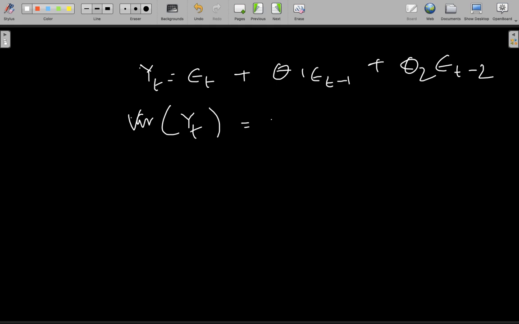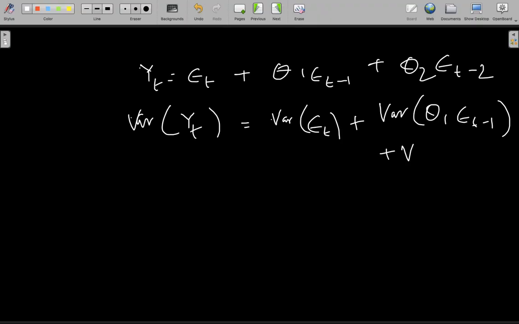So what will be left is basically variance of epsilon_t plus variance of theta_1 epsilon_{t-1} plus variance of theta_2 epsilon_{t-2}.